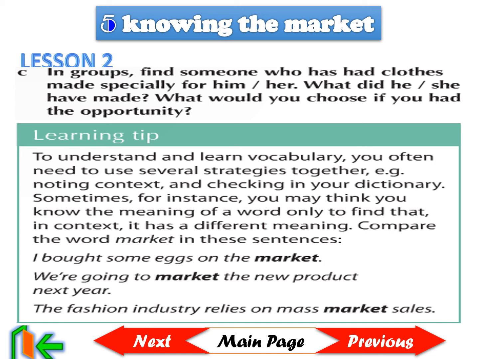So this is a good company because it can market its products very well. The last one: the fashion industry relies on mass market sales. So market here is used as an adjective to modify the noun sales. So a certain word can be used to serve different parts of speech.